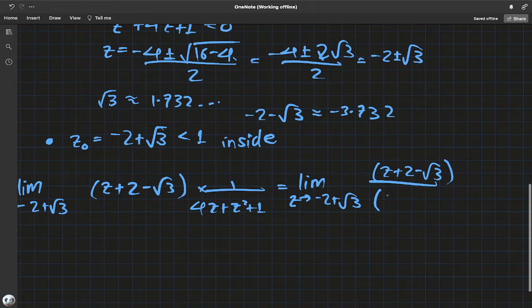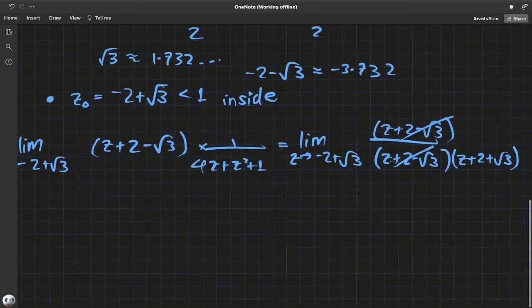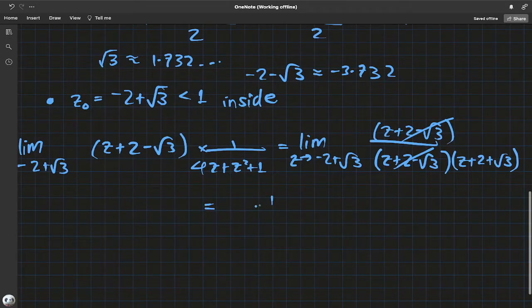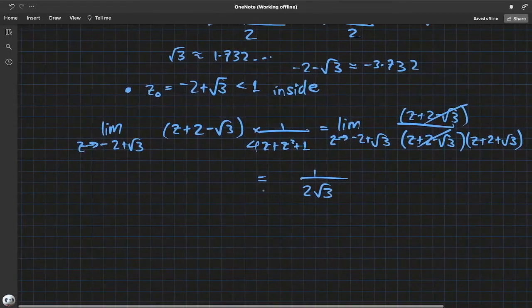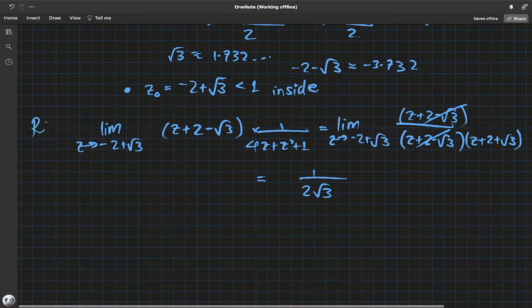Using these factors that we found, the denominator can be factorized as such. So these conveniently cancel out, and we're left with 1 over 2 root 3. Well, that's the residue, right? This is the residue.